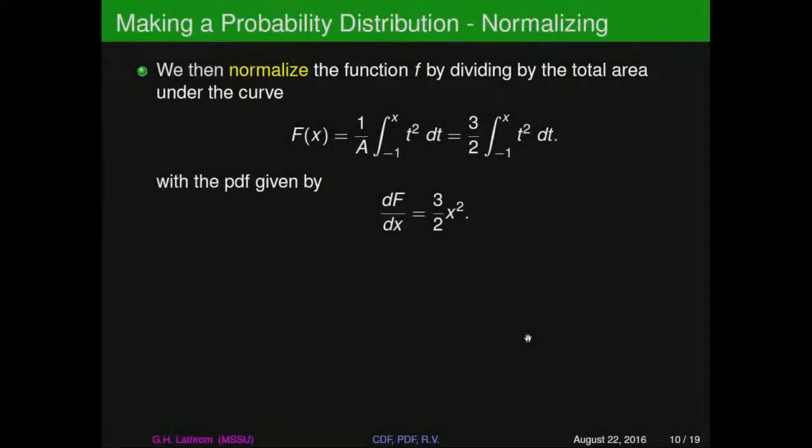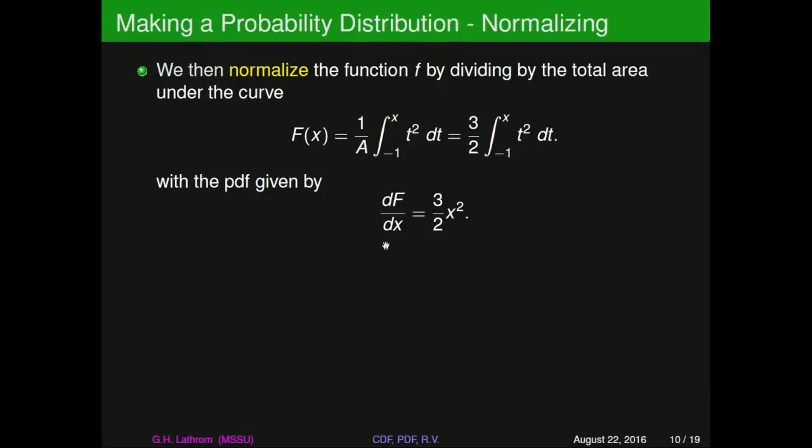And here's where the normalization takes place. We normalize the function by taking the integral from -1 up to x of t squared dt, and we divide by the total area underneath the curve. That gives us 3/2 times the integral from -1 to x of t squared dt.